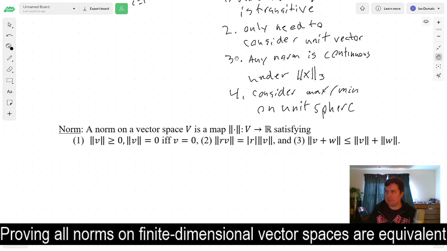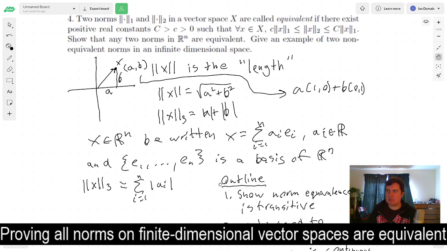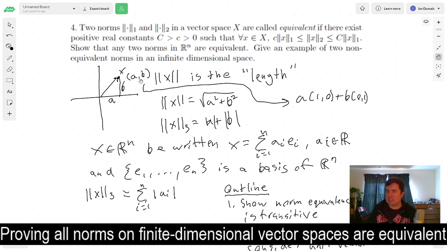Basically, going back to our original example, if I took this point (a, b) and multiplied it by 2, so I had (2a, 2b), then that should have twice the length of the original vector. And that's an exercise for you. It does.